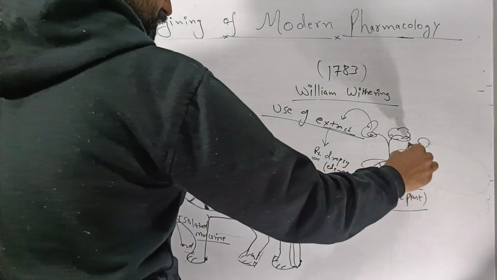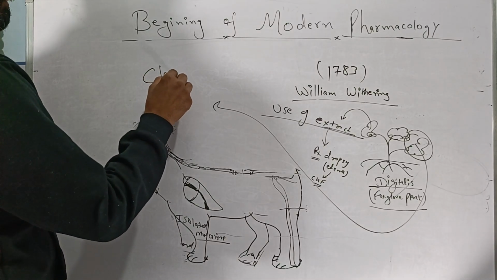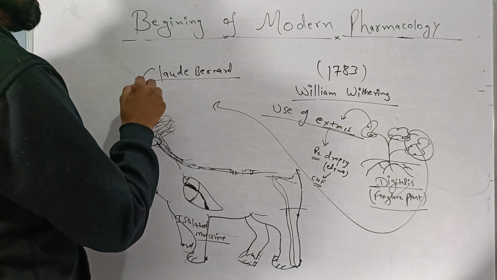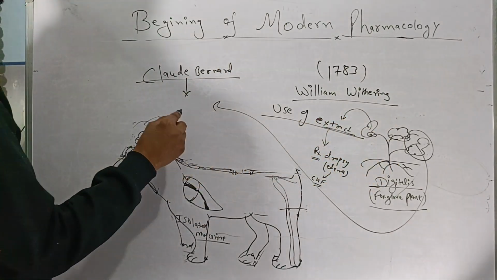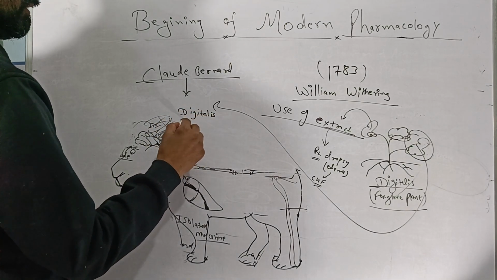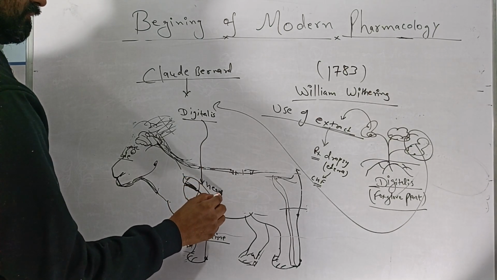Then from the same plant, Claude Bernard studied and reported that the active constituent of this plant is digitalis, whose site of action is the heart.